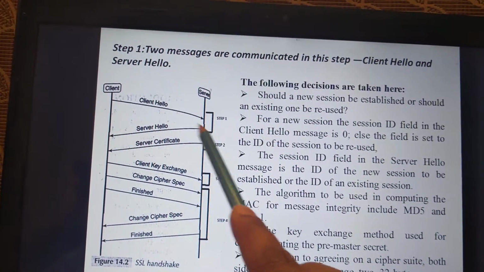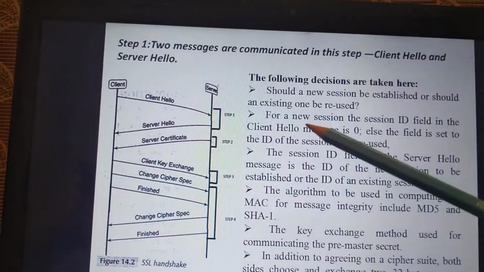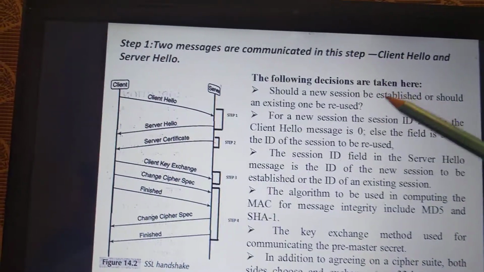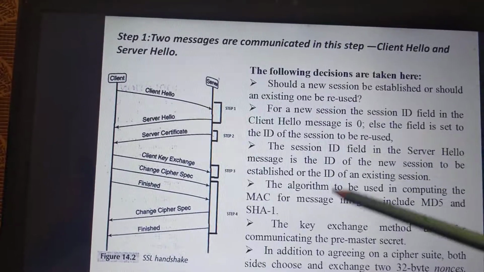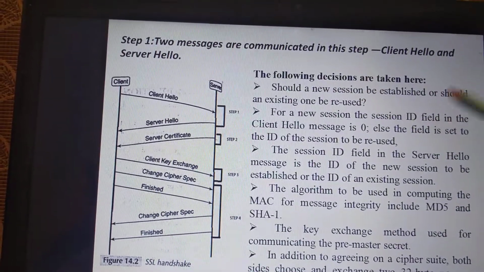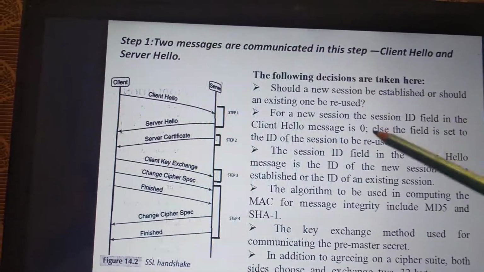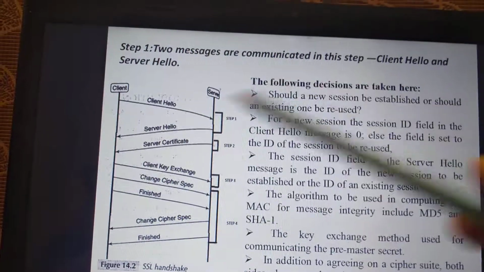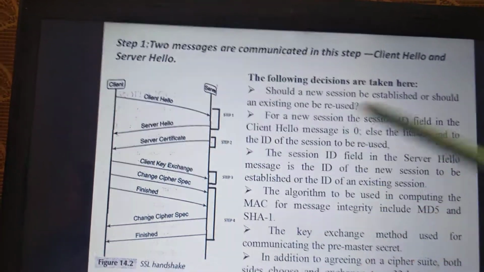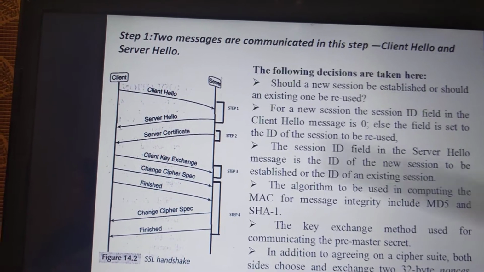As a reply, the server sends a server hello message. Whenever the client and server exchange these hello messages, the following decisions are taken here. Should a new session be established or should an existing one be reused? For a new session, the session ID field in the client hello message is 0, else the field is set to the ID of the session which has to be reused.